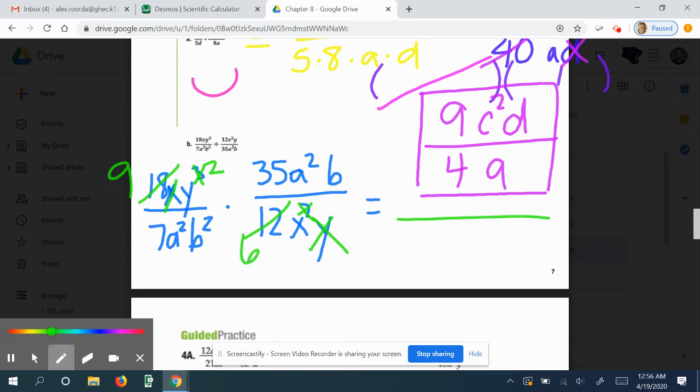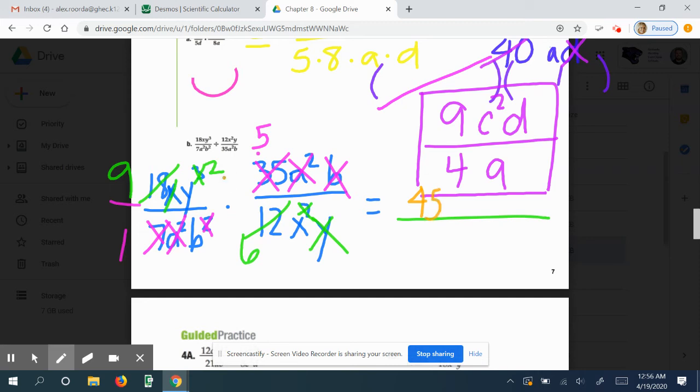All right, and we can do the same with the other side. So 7 and 35 cancel out, and so this would be a 1 and that would be a 5. I have an a squared and an a squared that will cancel out, and I have a b squared and a b, so one of the b's will cancel out. And so what I end up having is 9 times 5, which is 45, and then a y squared, and that's it, left on top.